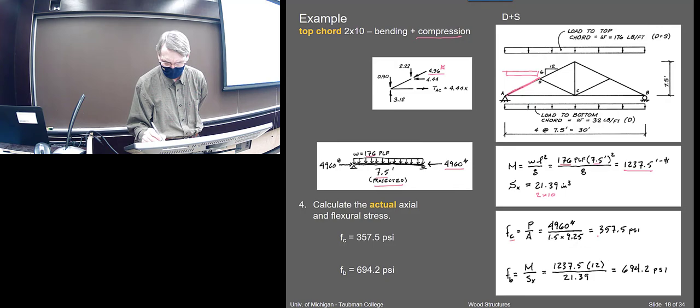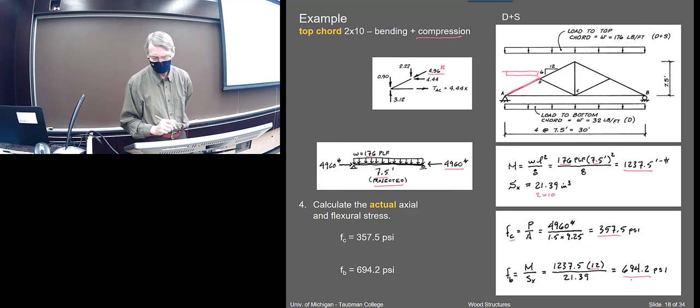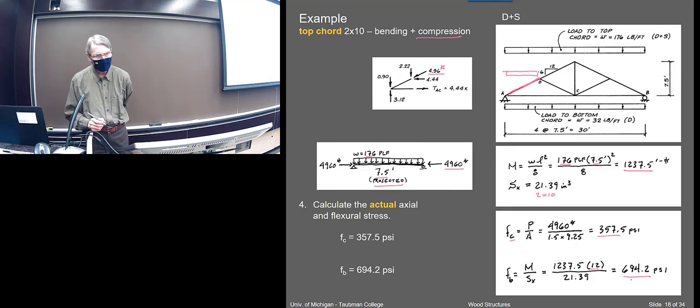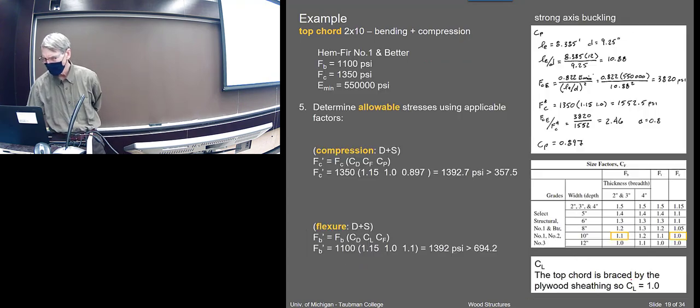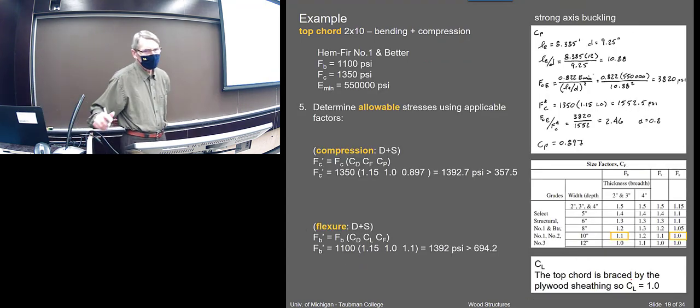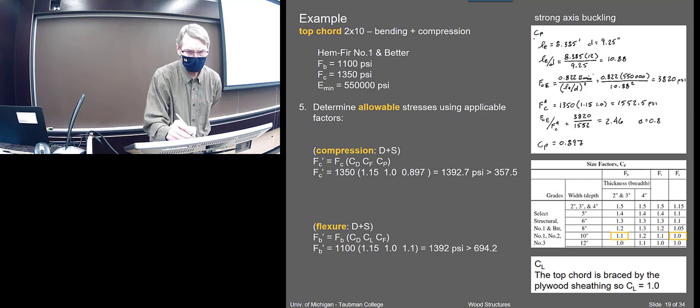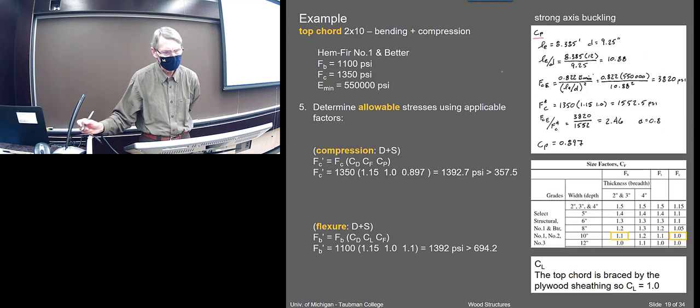It's just P over A, so we got that. And in flexure, it's M over the section modulus, so this gets it into inches, and we get that. So those are our two actual stresses. And then we do have to calculate a CP. You can't get around that, I guess.